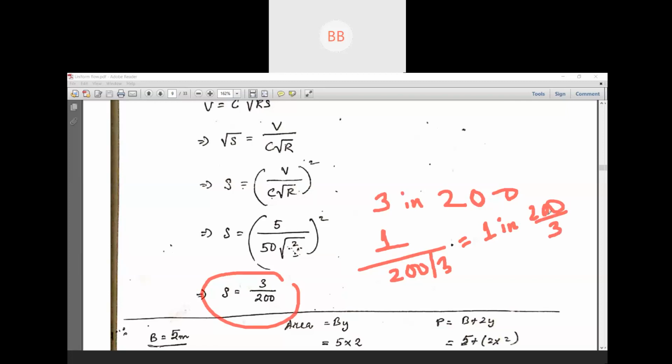If you divide this, you will get some fraction. So you can write this way also, it's up to you. Or you can simply write 3 by 200 also. So if this is okay, then we will move on to the next numerical.